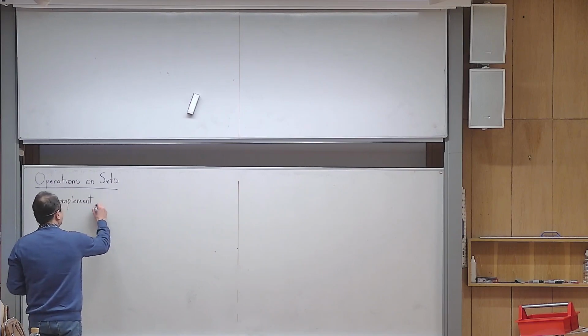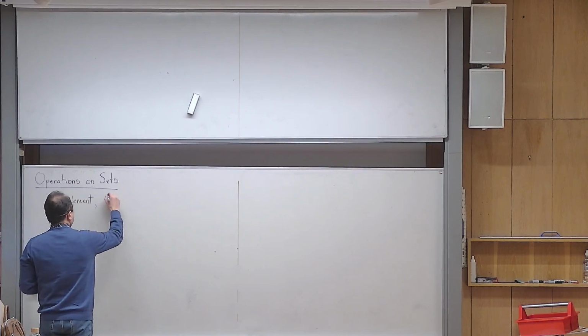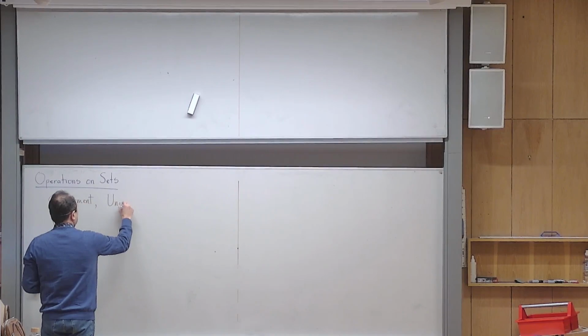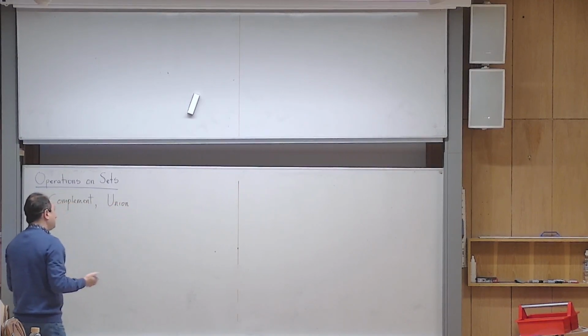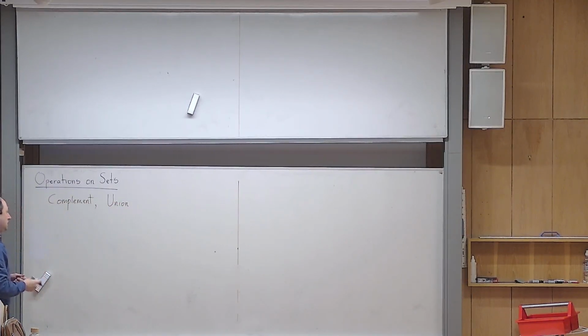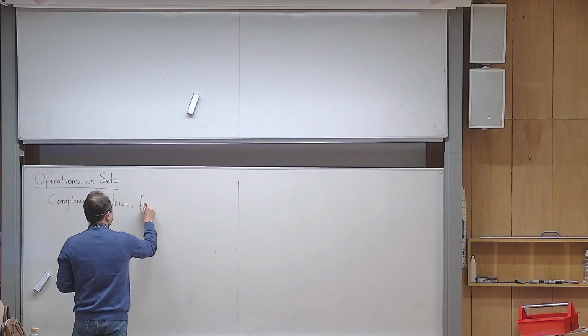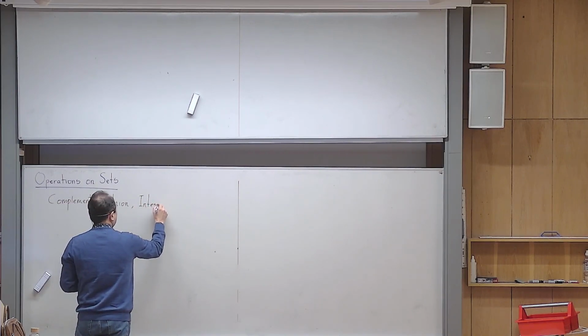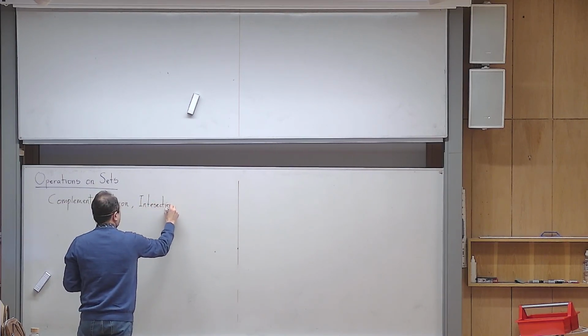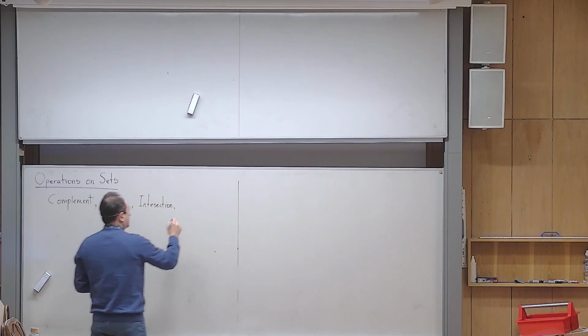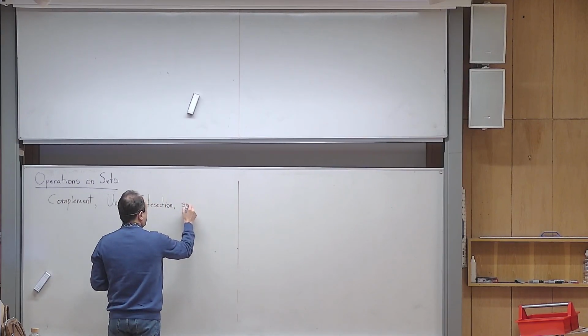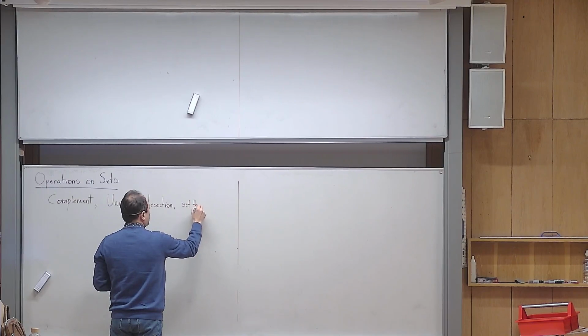Another operation that we talk about is called the union. Union is like addition. It should be done between two sets. And then we have another operation called intersection. And then we have another operation, which is the last one, the set theoretic difference.